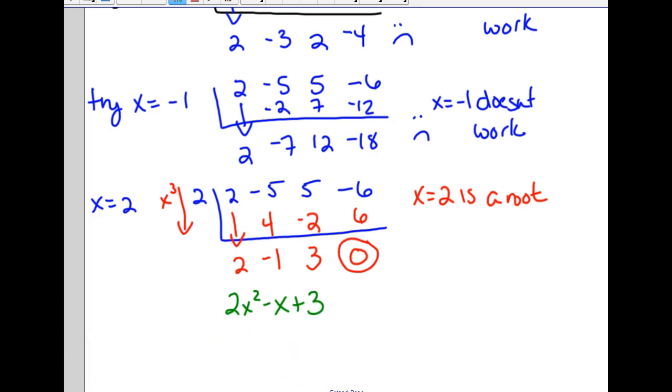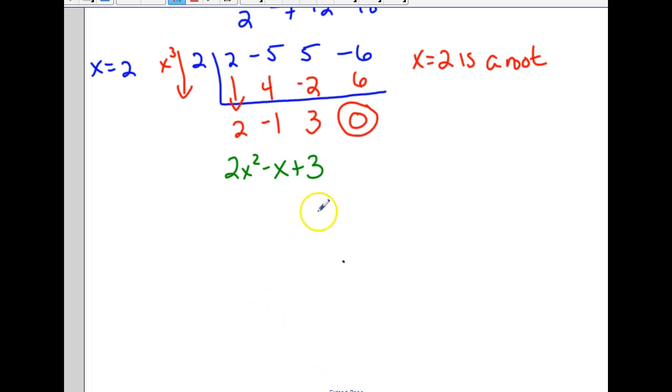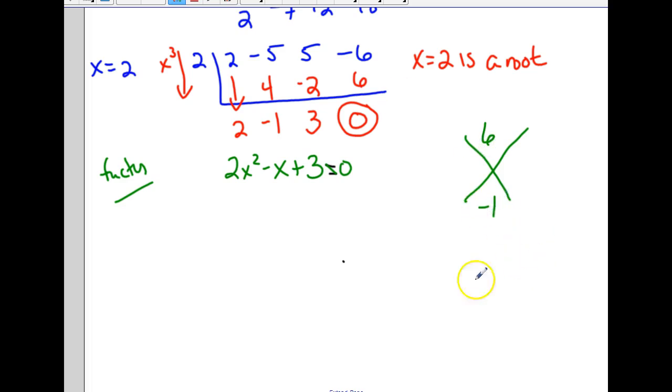And I'm going to factor this quadratic. So I'm going to use two numbers that multiply to 6 and add to negative 1, and I know that those numbers are a 6 and a 1.